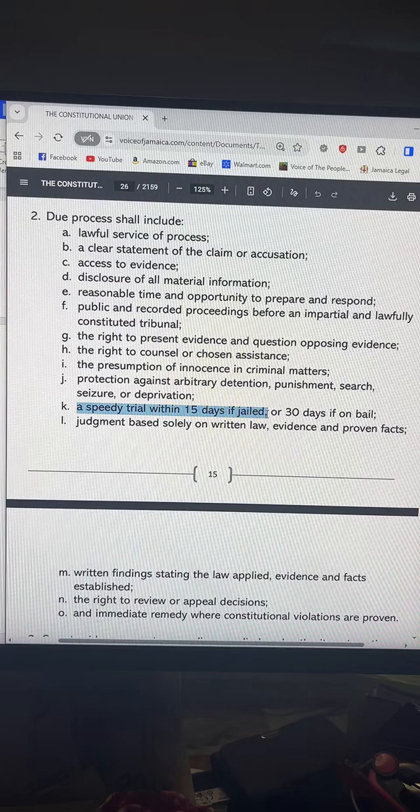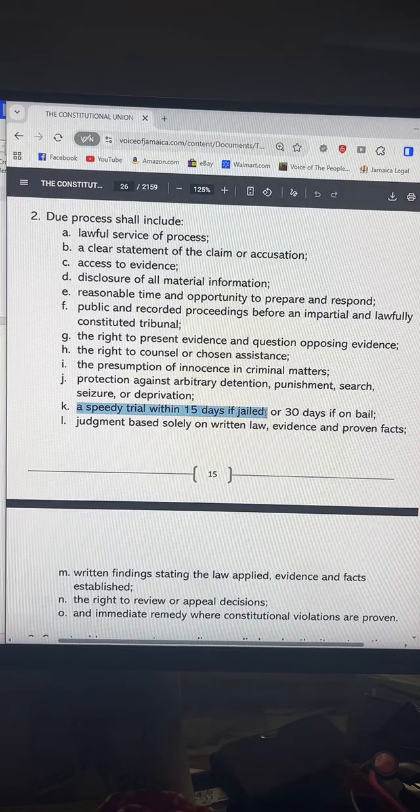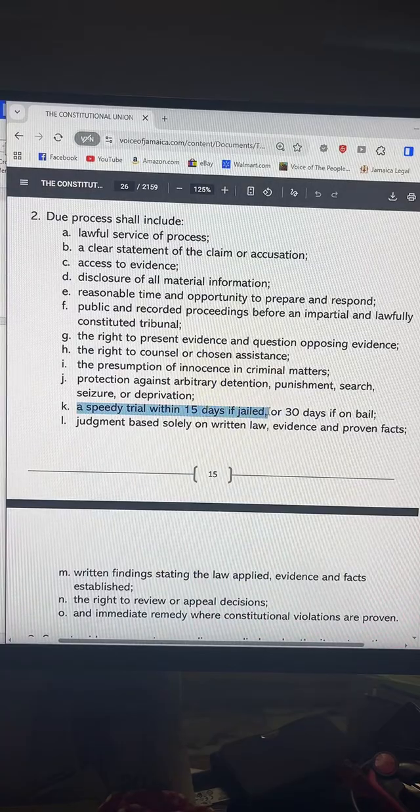If we assert that right, and let's say someone is accused and they know that they're innocent, we should not have to be waiting months for anyone to prepare for anything. The state should already have their evidence and be ready to proceed, right? You can't accuse somebody and then hunt for evidence. Doesn't make any sense.